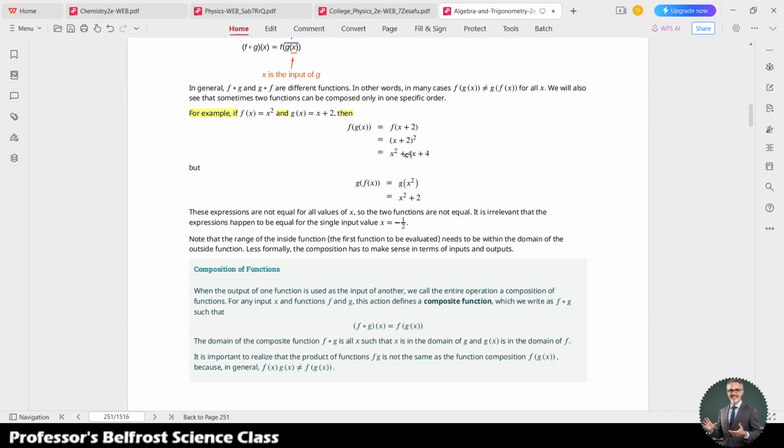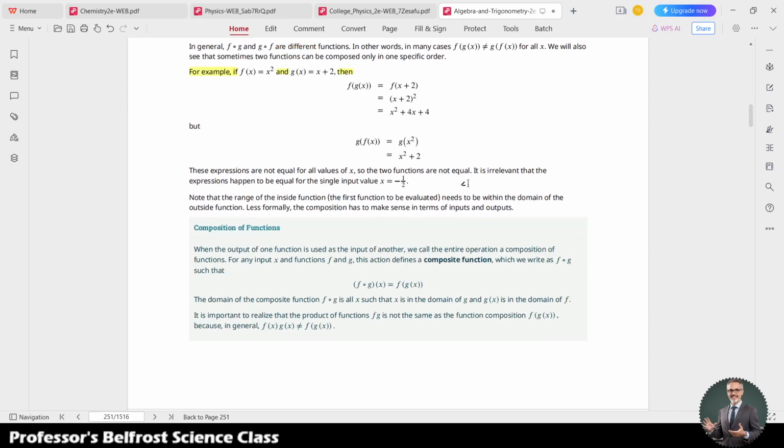It means it is x squared plus 4x plus 4, but g(f(x)) is g, which is x plus 2, but we substitute x to be x squared, so it's x squared plus 2. So we can only compose in one specific order, and it is not commutative. So f(g(x)) is not the same as g(f(x)). This is a very important thing.